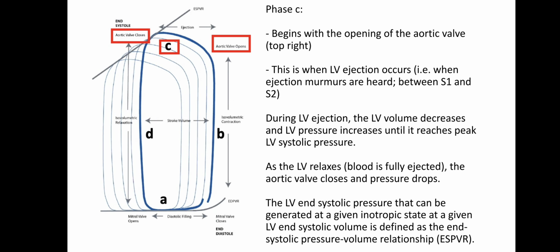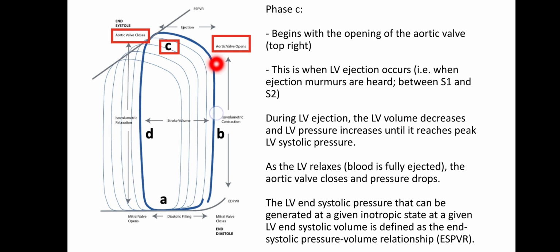Then starts phase C, which begins with the opening of the aortic valve and ends with the closure of the aortic valve. This is when the ejection of blood occurs. As the aortic valve opens, the blood ejects from LV to aorta. During LV ejection, the LV volume decreases.